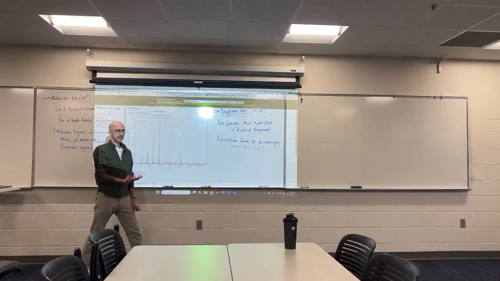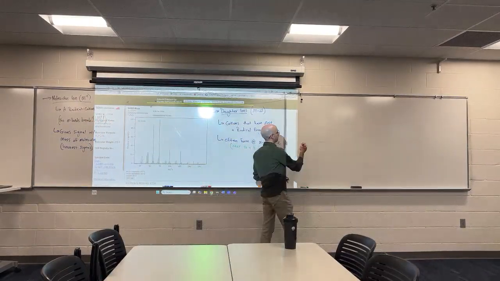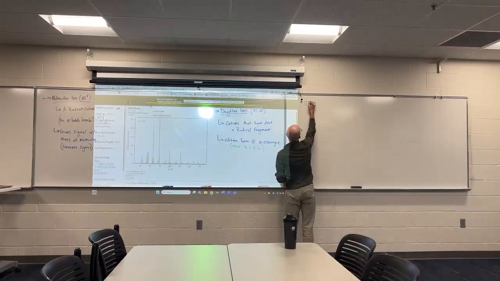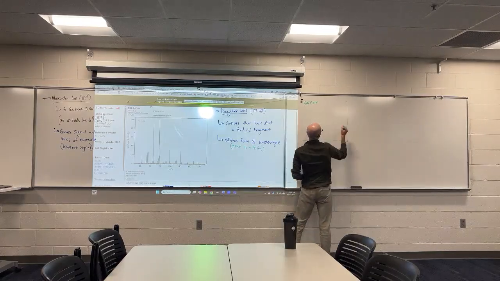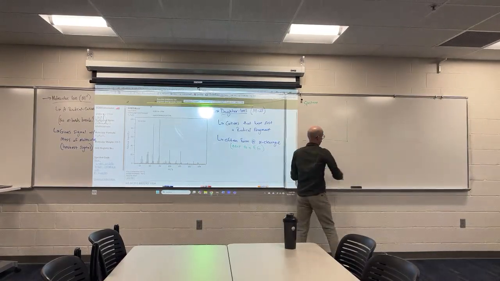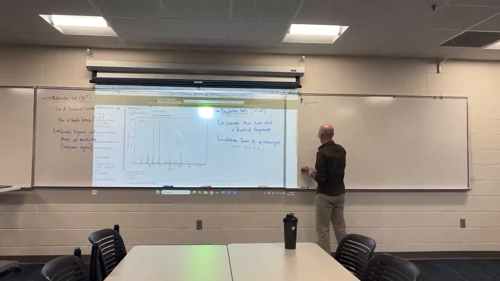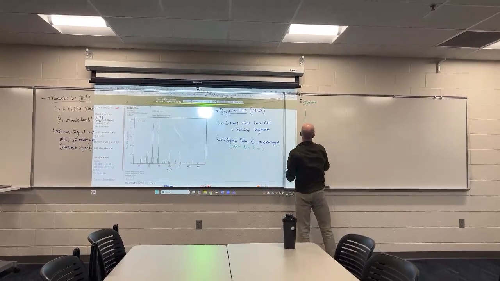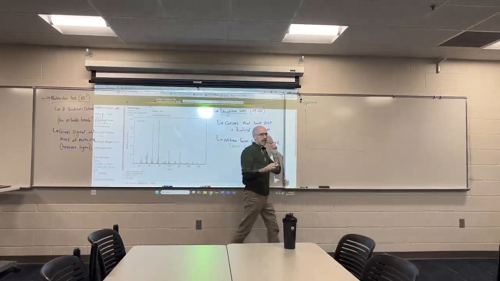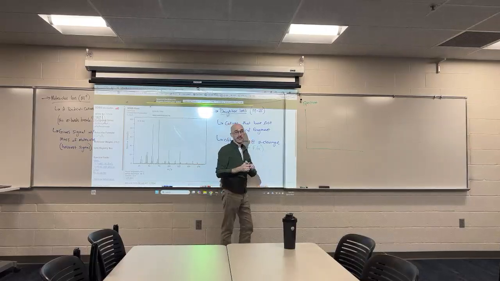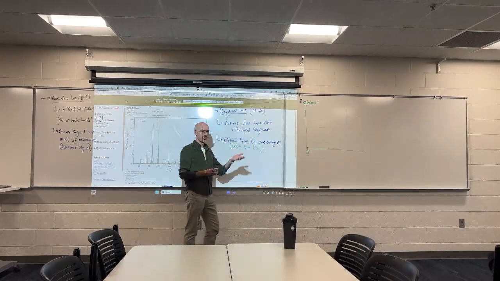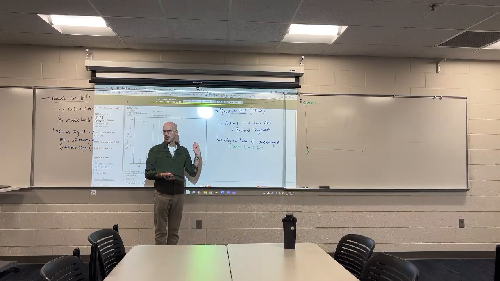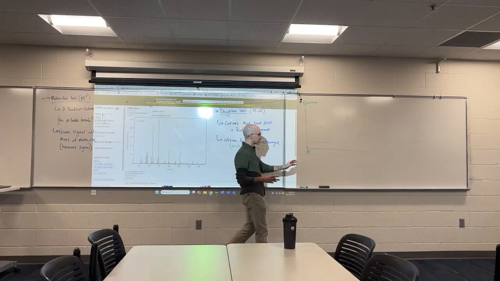But I want to talk about the actual spectrum that is created. Along the x-axis, we're finally going to have a normal number distribution. We'll start at 0 on the left, and we'll go to higher mass on the right.